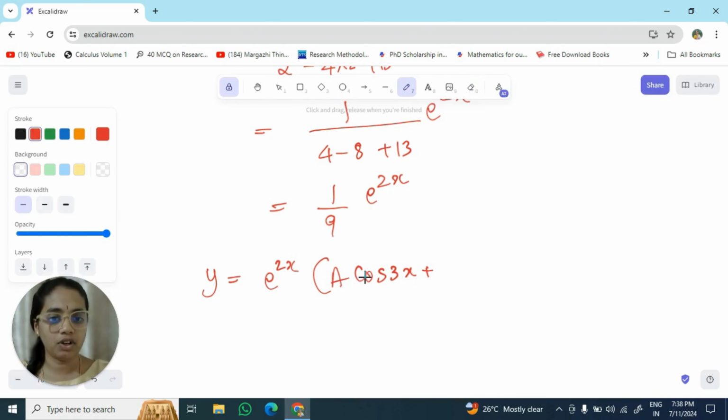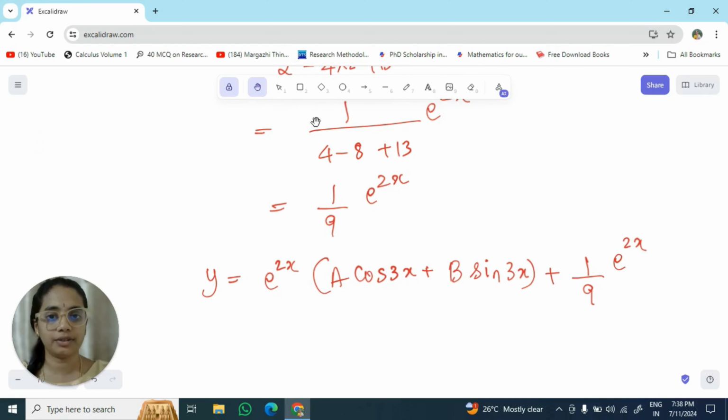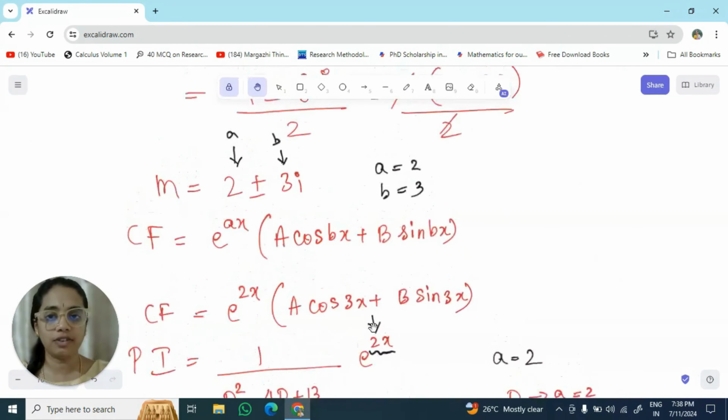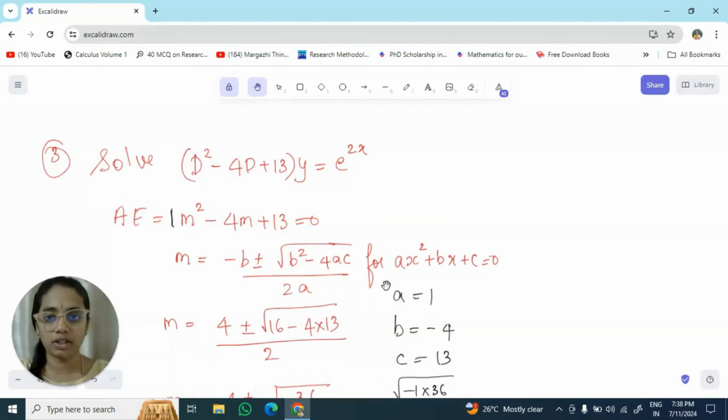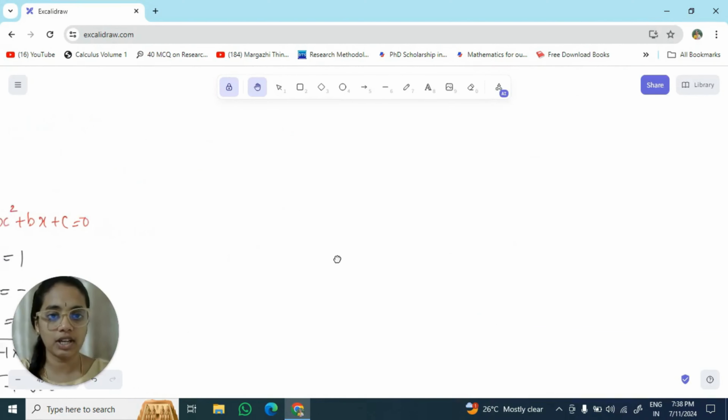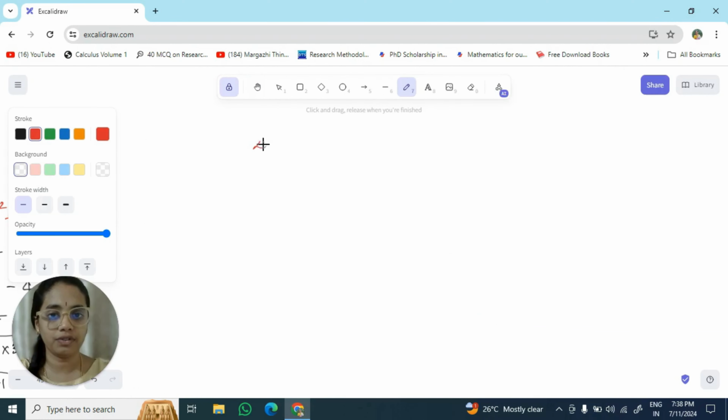A cos 3x plus B sin 3x plus 1 by 9 e power 2x. As simple as that.